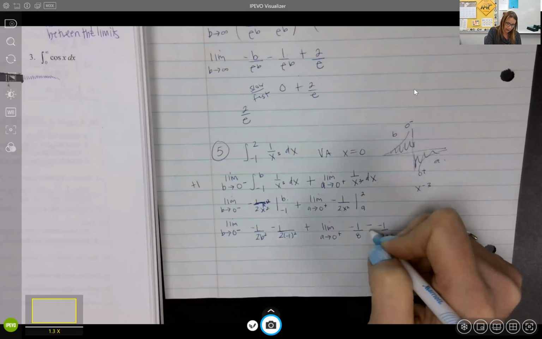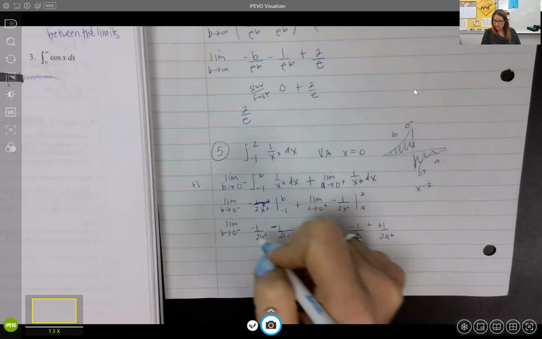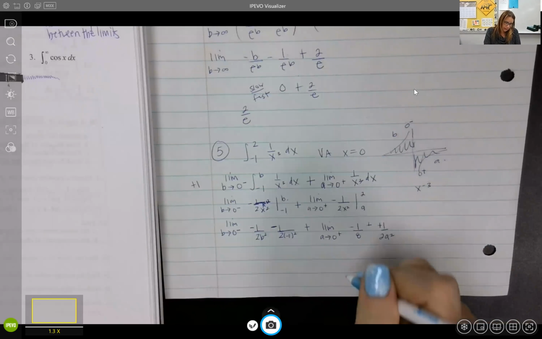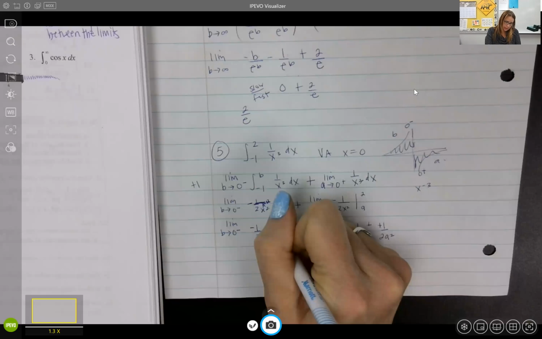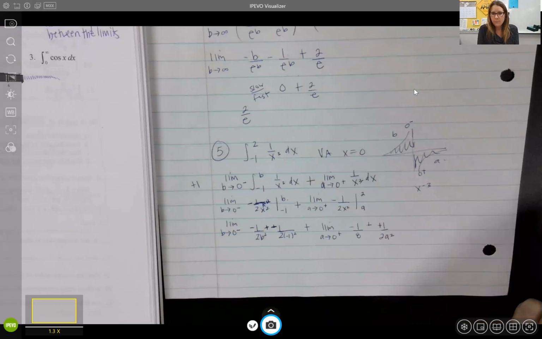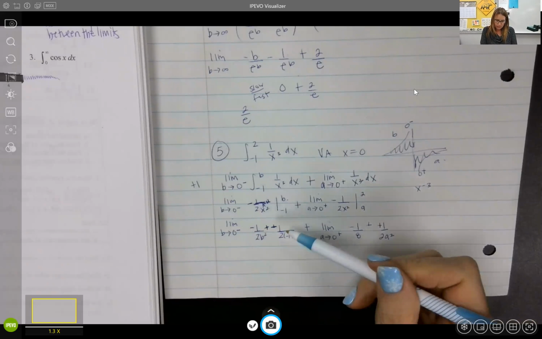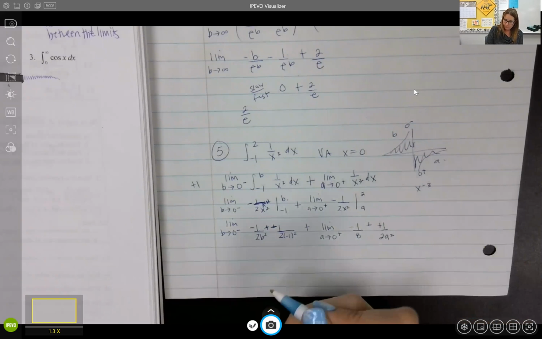So this is going to change to plus, because this is negative and we're subtracting. Okay, just make sure I've got the signs right. Okay, good.